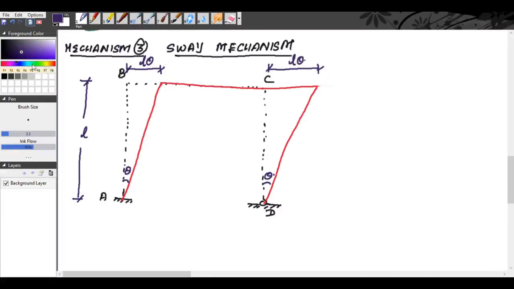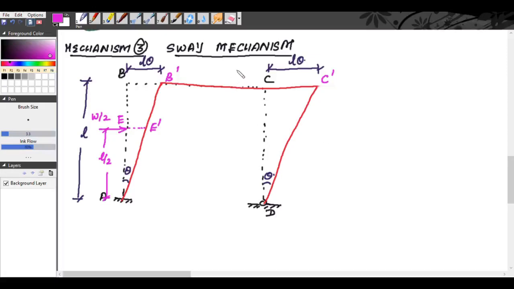See, B will be shifted to B dash and C will be shifted to C dash. And here at E, we have a concentrated load of W by 2 acting at a distance of L by 2 from A. So this point is E, and it has been shifted to E dash.